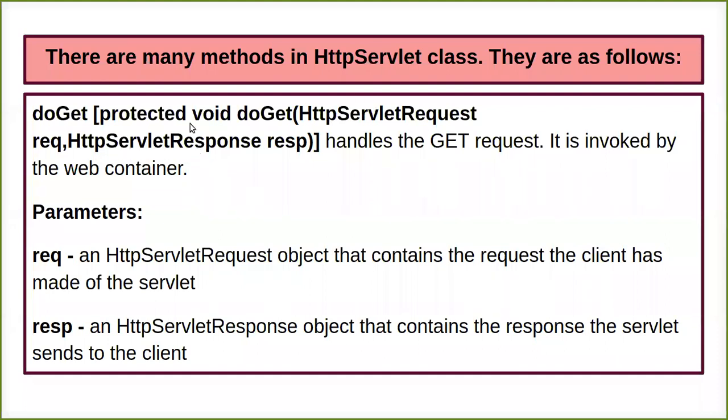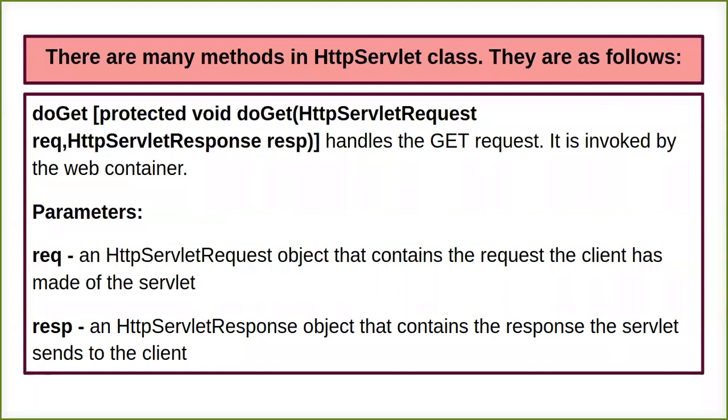If you remember, we wrote this kind of thing inside the service method, where we created the ServletRequest and ServletResponse objects. Now the interfaces and classes available in the second package are more specific to the protocols. That's why they are HttpServletRequest and HttpServletResponse.